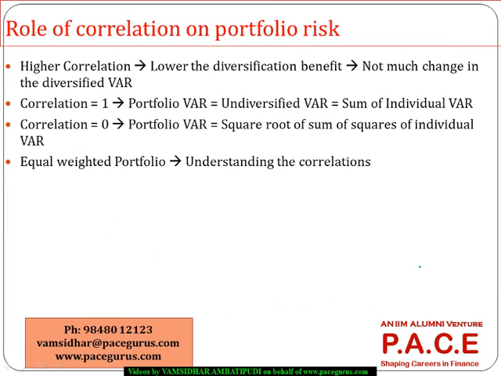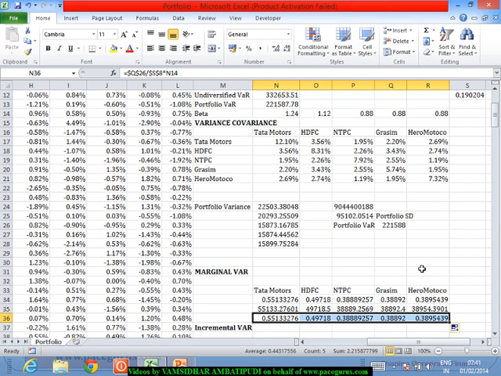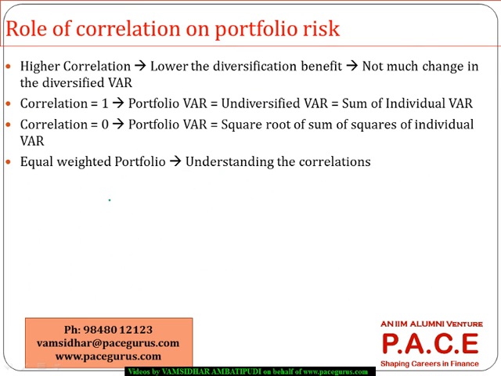Now, as we have already computed all these kinds of VaRs, let's look at a bit more detail into the concepts inside it. So how do we compute the VaR?